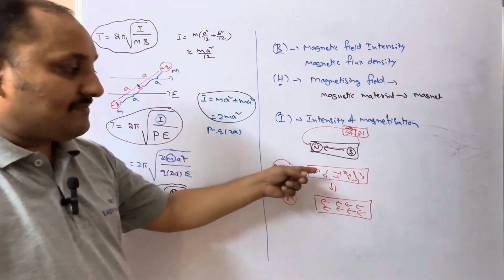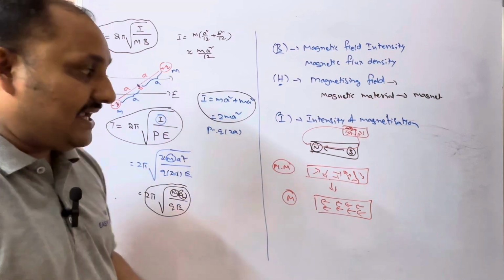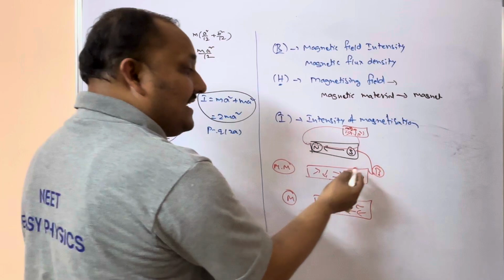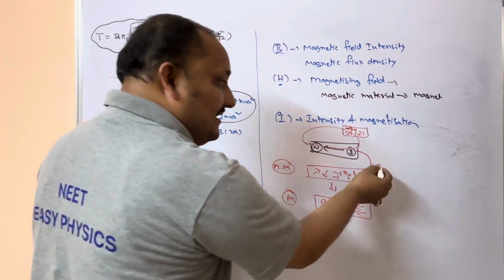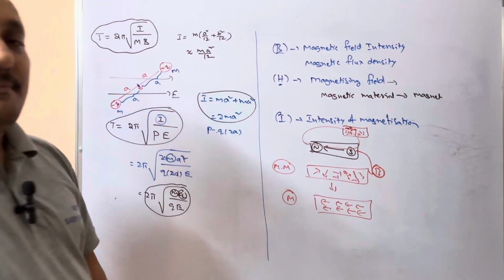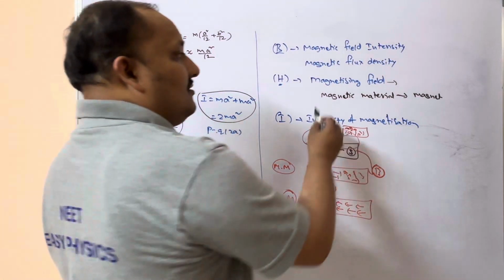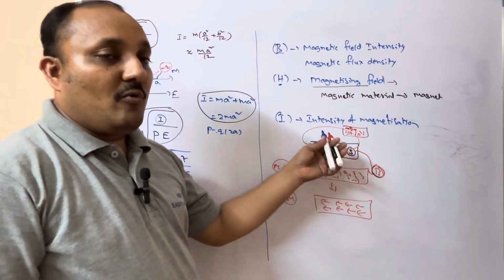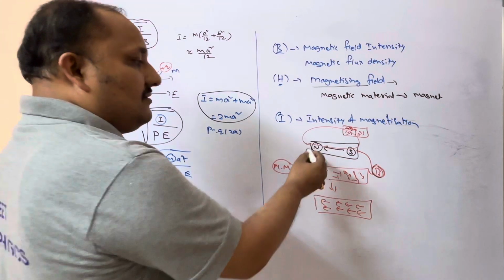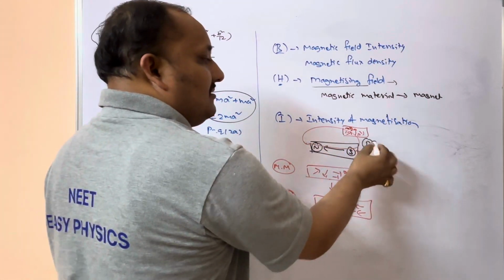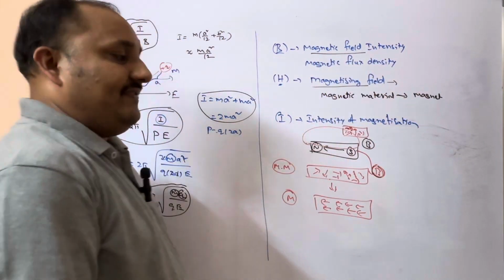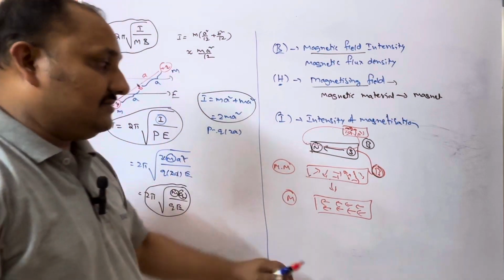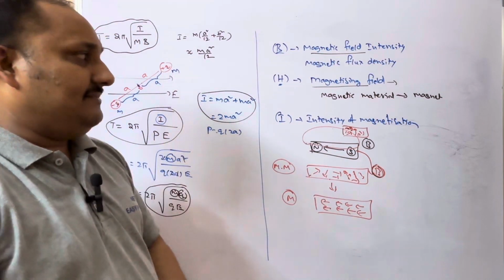Who is making this magnetic material a magnet? Some magnetic field. This magnetic field we can call the magnetizing field. Sometimes B will also be called the magnetizing field, depending on what it is going to do. Around this magnet B is there, and generally we call it the magnetic field. If that magnetic field is converting a magnetic material into a magnet, then we call it the magnetizing field.